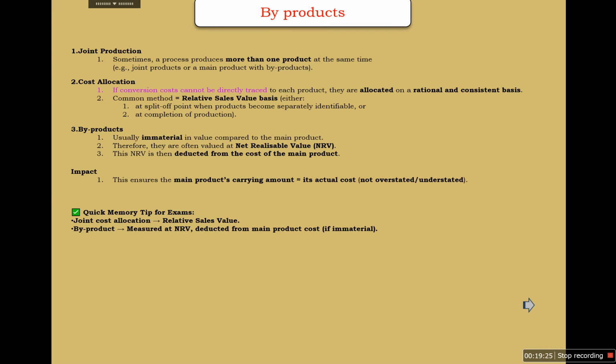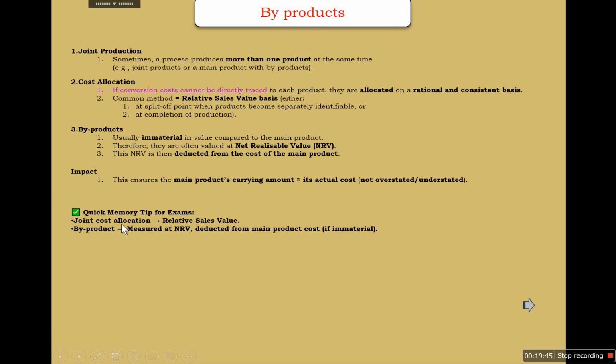So whatever is the NRV of the by-product that we have come across during the production process, we need to reduce the cost of the main product by this net realizable value of the by-product.